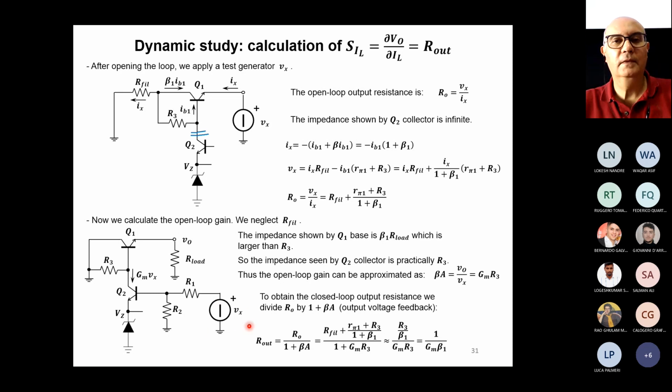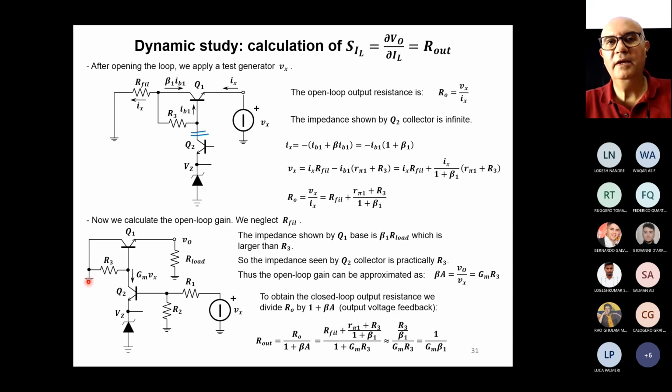Actually, in this schematic, I neglect again the VDC, because I must only put one independent test voltage generator and kill all other generators.